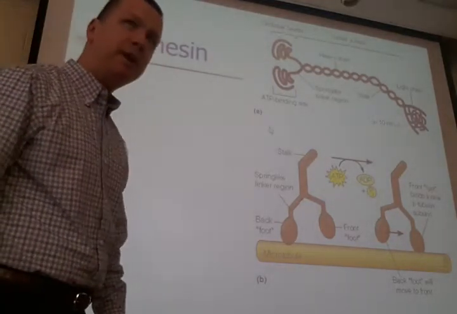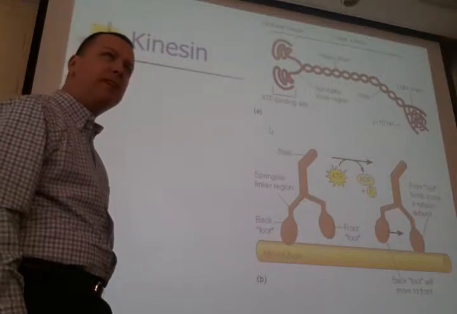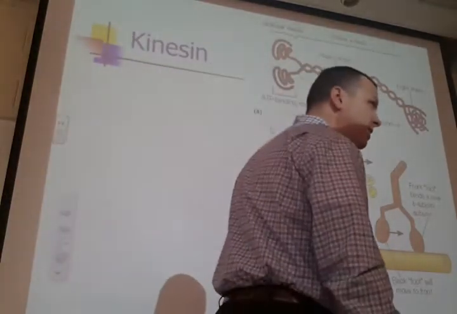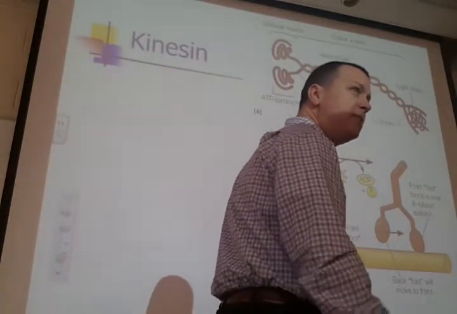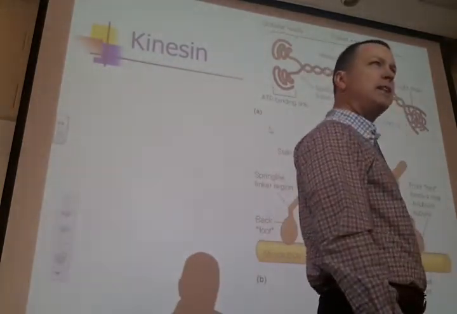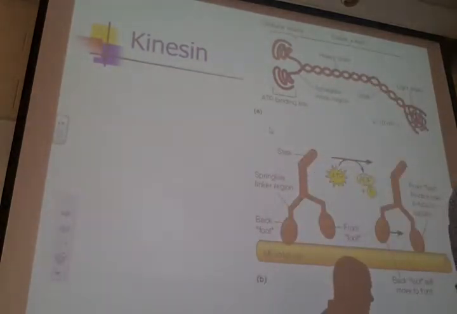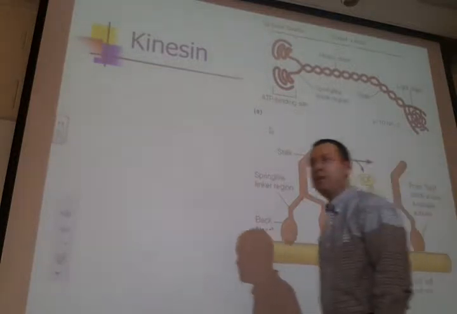The ATP binds, and one of the feet goes up. The ATP is hydrolyzed, and it's planted. The ADP is pushed off, and the back foot is sort of dragged up. ATP binds, hydrolyzed, kicked off. Binds, hydrolyzed, kicked off. So every step costs you an ATP.